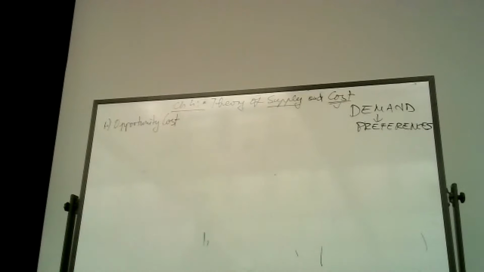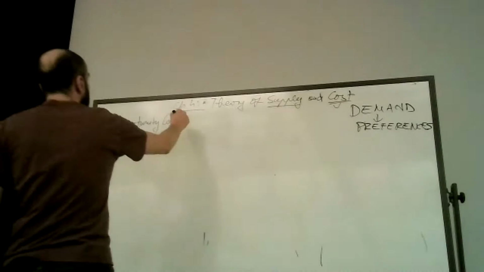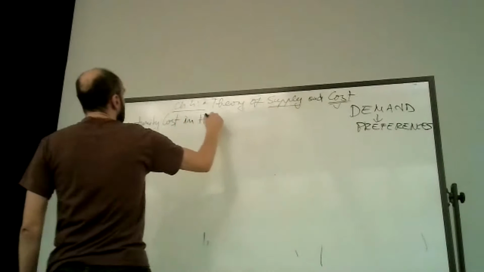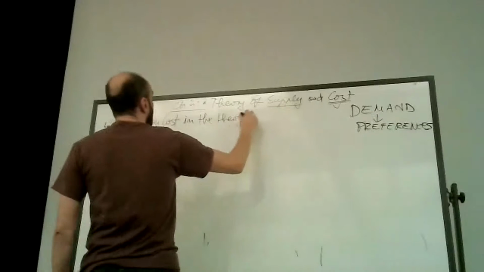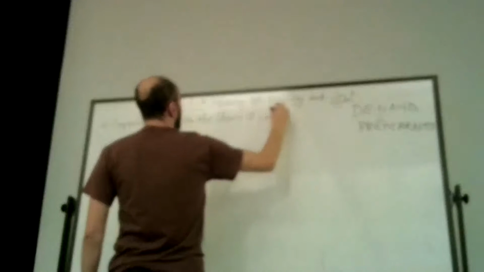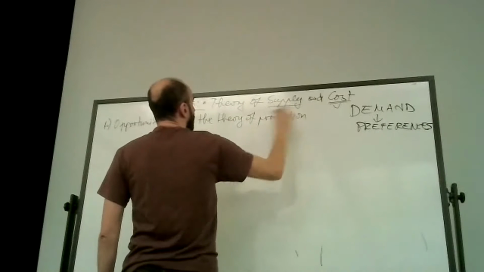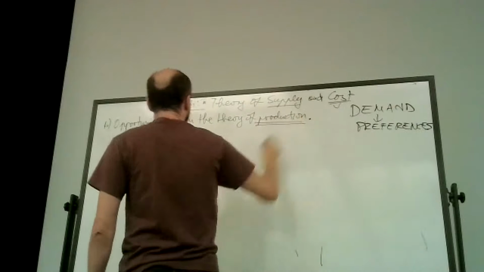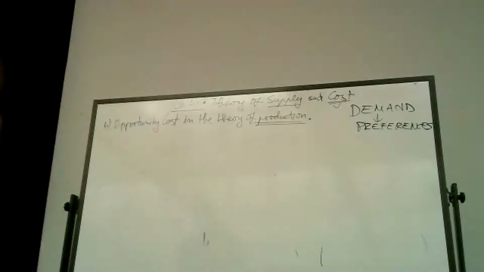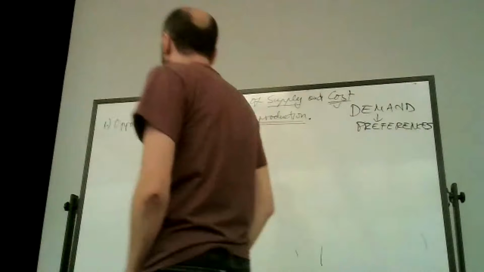to the theory of production. Opportunity cost in the theory of production. So production costs. In which sense production costs are opportunity costs and how to understand that.